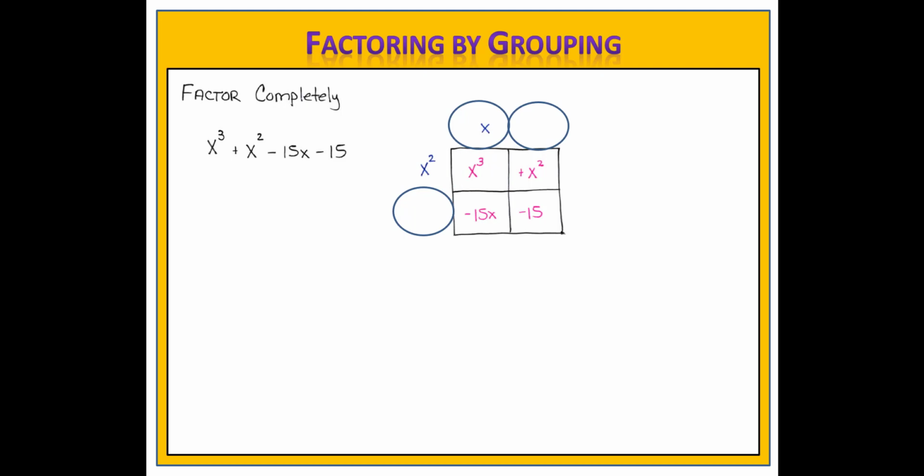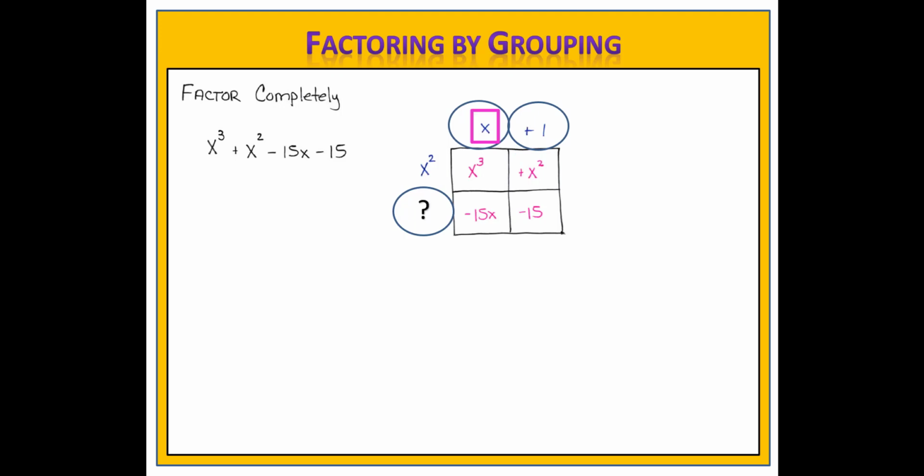Now we look again to the next spot. X to the second times something equals x to the second. X to the second times what equals x to the second? 1. So I put a plus 1. I now have x plus 1 written across the top of the grid. Now I go down to the second row.